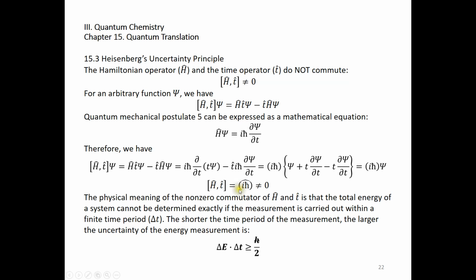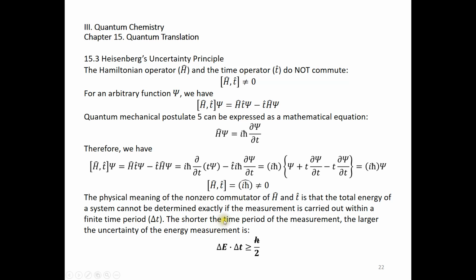The physical meaning of this commutator of H and t being non-zero is that the total energy of a system cannot be determined exactly if the measurement is carried out within a finite time period. If you determine the energy within a finite time period, this delta t is finite, and then this delta E is also finite.